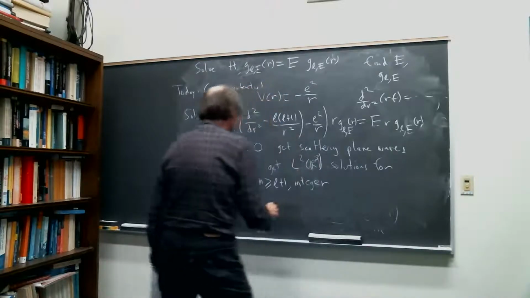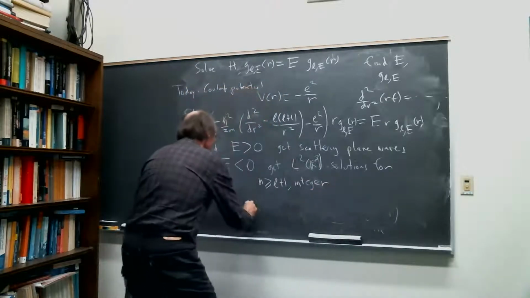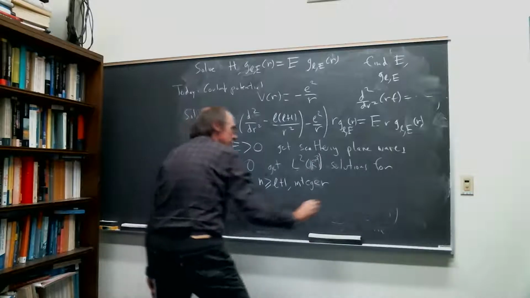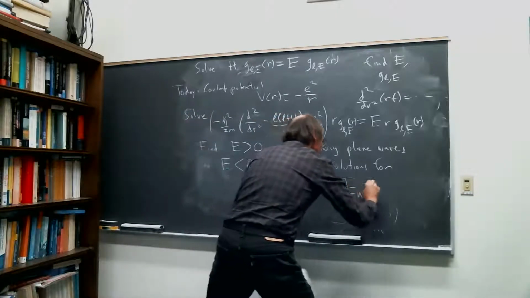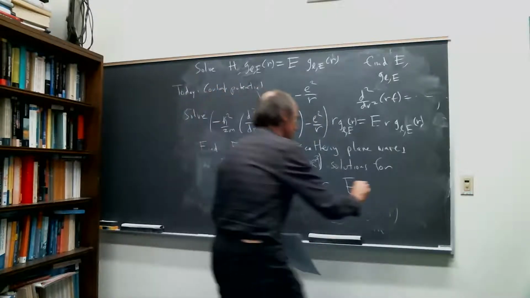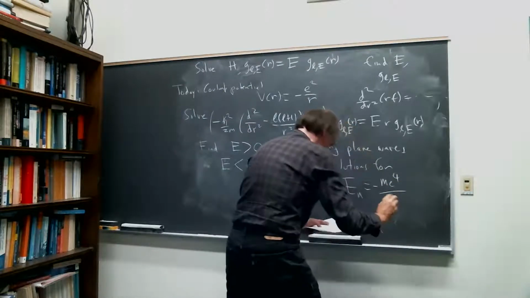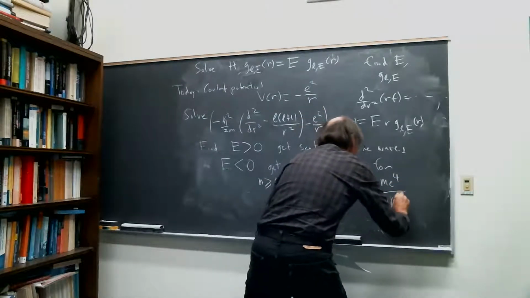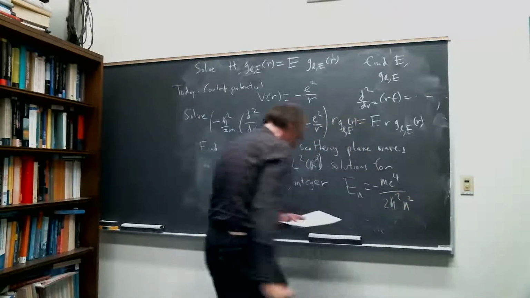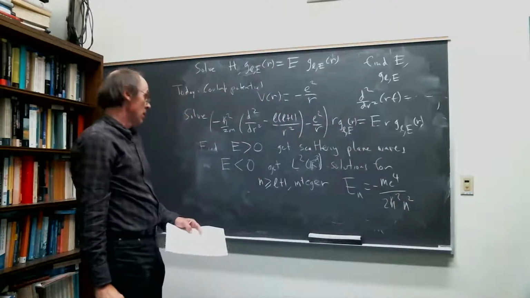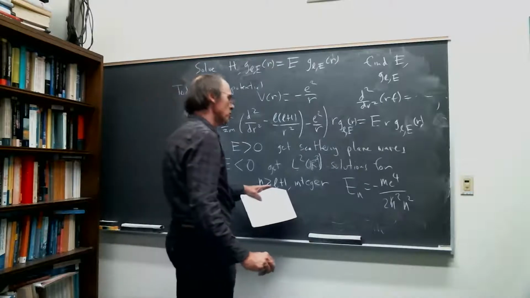Okay, so for each n, and then E sub n is equal to minus, so then you get all these constants appearing this way, 2 h bar squared n squared. Okay, and then what happens?